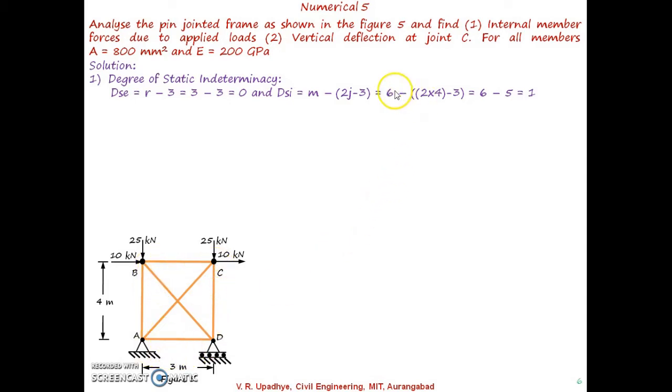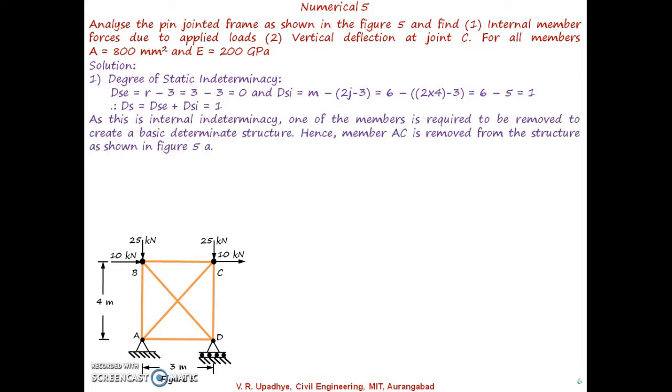So if we calculate, 6 minus (2 into 4 minus 3), that is 6 minus 5, which is equal to 1. So internally the static indeterminacy is 1. And then total degree of static indeterminacy, which is DSE plus DSI, external plus internal, gives us 1.